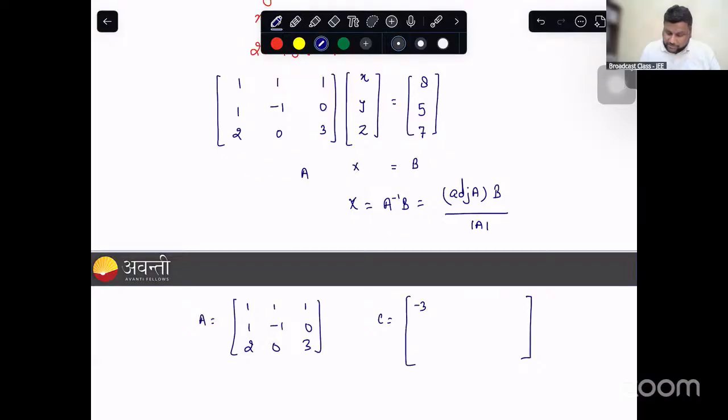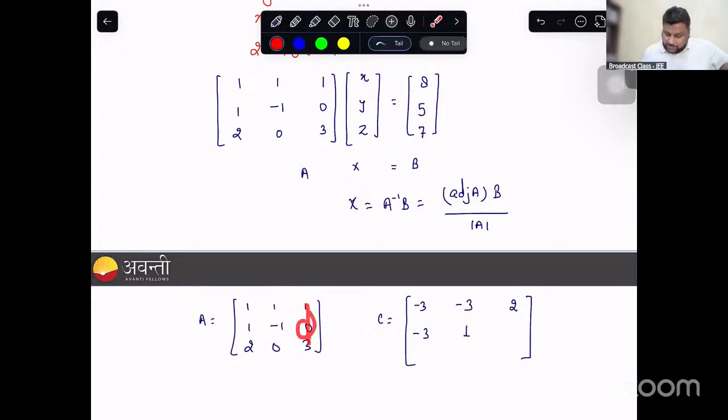With respect to another one, 3 minus 0, 3, and minus I will apply. With respect to this, it is 2. Then with respect to this, it is 3 and minus I will apply, so minus 3. With respect to this, it is 3 minus 2, 3 minus 2 is 1.